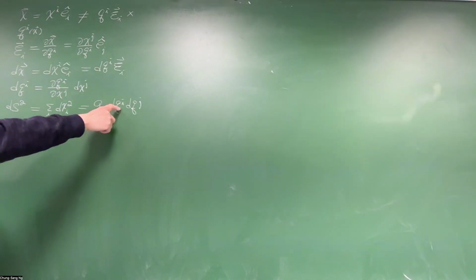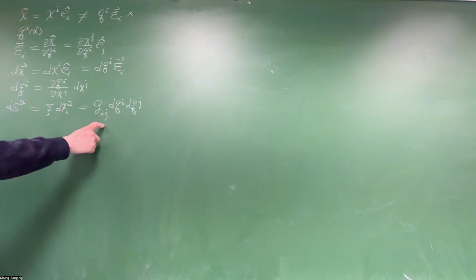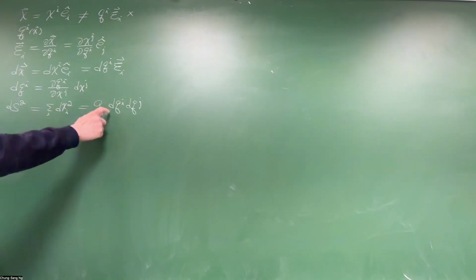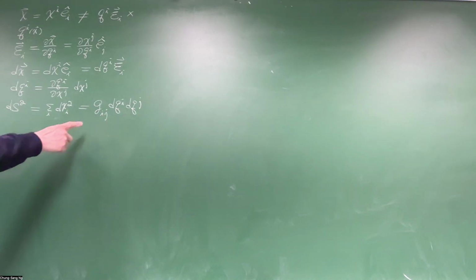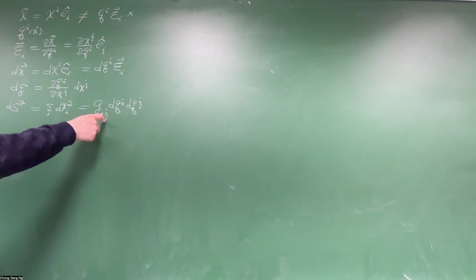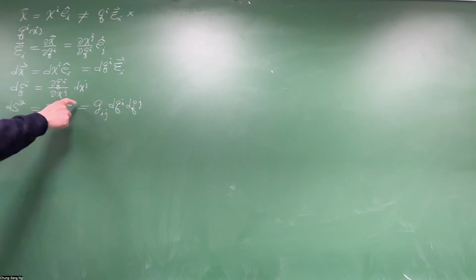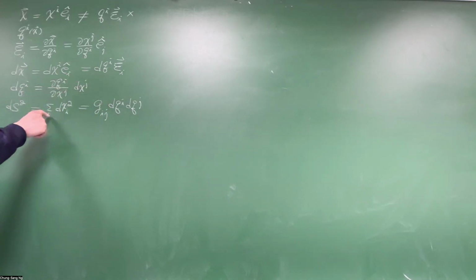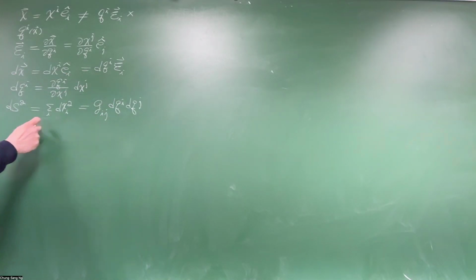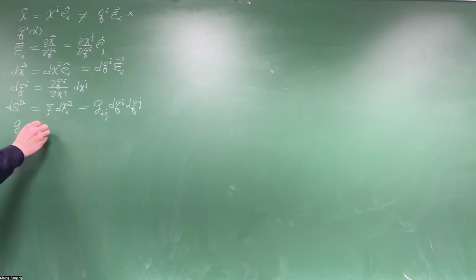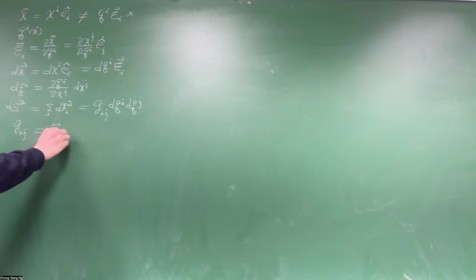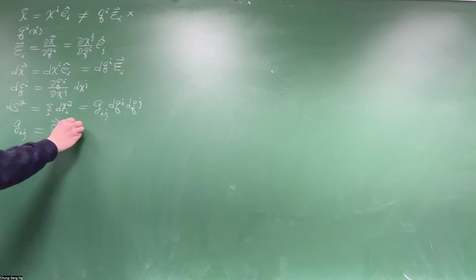Because i is going from 1 to 3, so this is a 3 by 3 matrix. You sum over all; if all elements are not 0, then altogether there should be 9 terms. But there's a symmetric property of this g, because you substitute this into here. So dx squared is the square of that. You see that g_ij, what we call the covariant metric tensor, is defined as this epsilon_i dot epsilon_j.